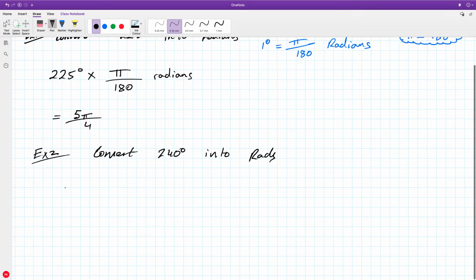And that's 240 degrees multiplied by pi over 180, which is equal to 4 pi over 3.